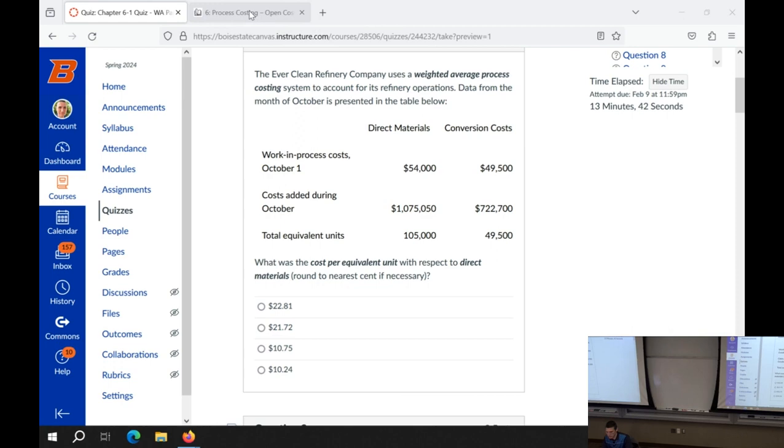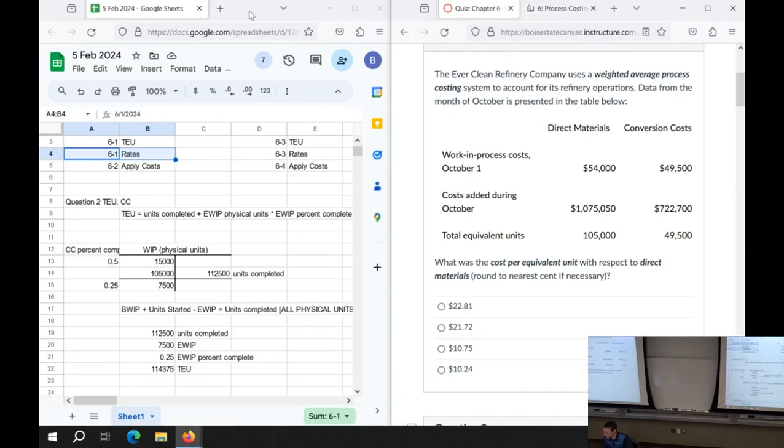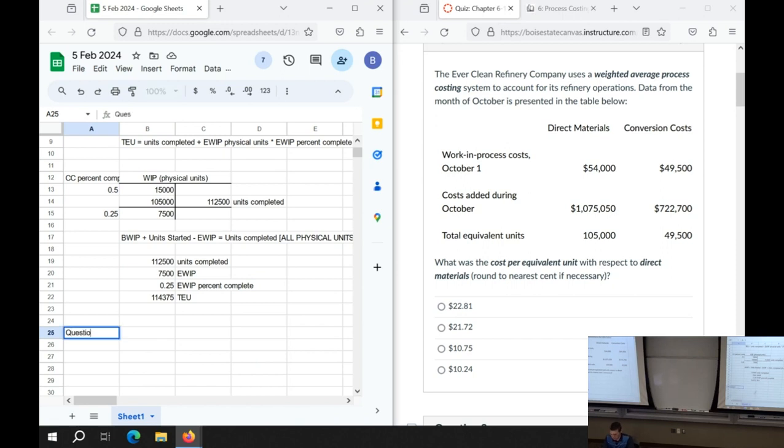This is question 1, the direct materials rate. We have TEU already, 105,000. Great, that's the denominator.